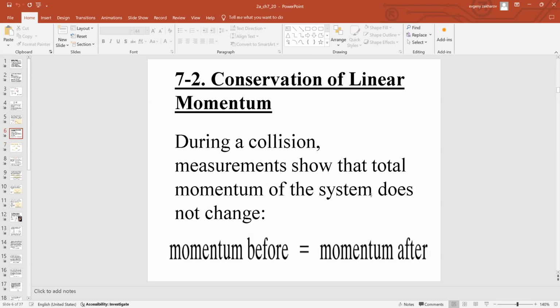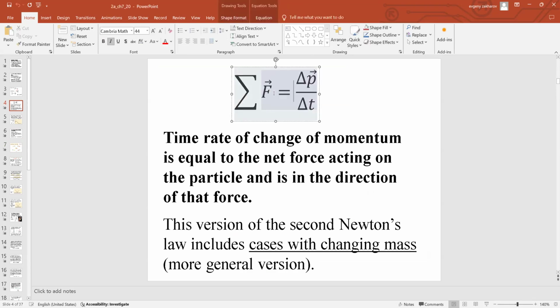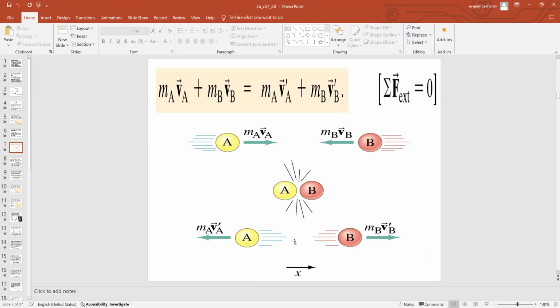What kind of a change in momentum do we have? Well, for force AB, there is clearly a change in momentum for ball A because it hits ball B, and ball A bounces back. But what do we have for ball B? We have the same picture. There is a collision with ball A, so ball B has to bounce back.